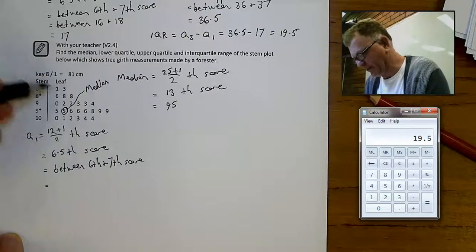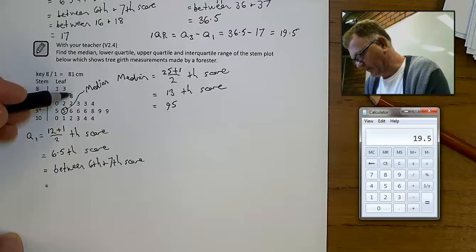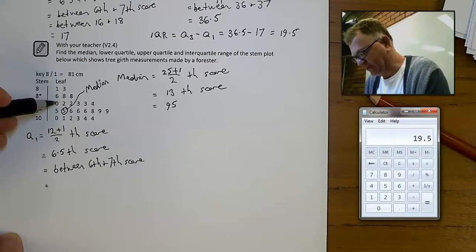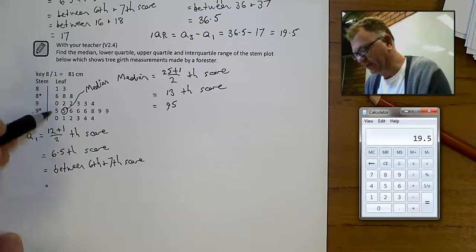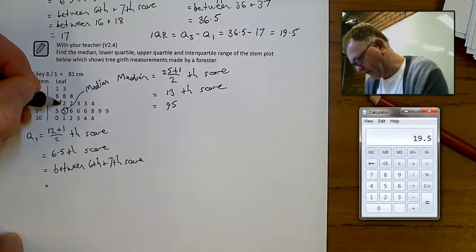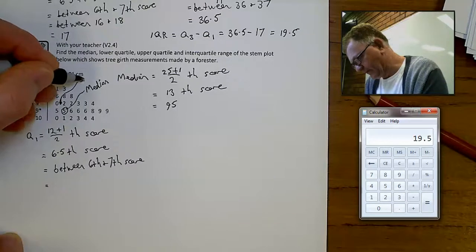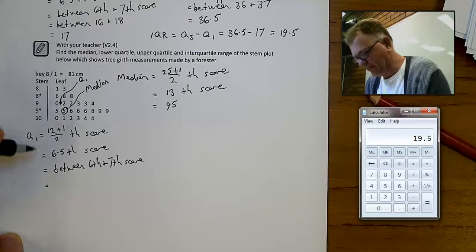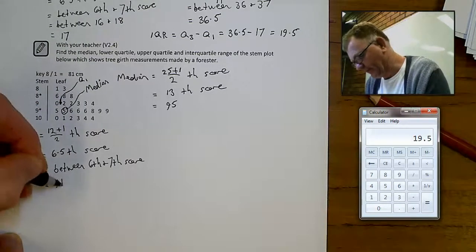And you can count them up. 1, 2, 3, 5, 6. That's the 6th score, and that's the 7th score. So the 6th score is 90, the 7th score is 92, and the lower quartile fits just here. So that must mean it's 91.